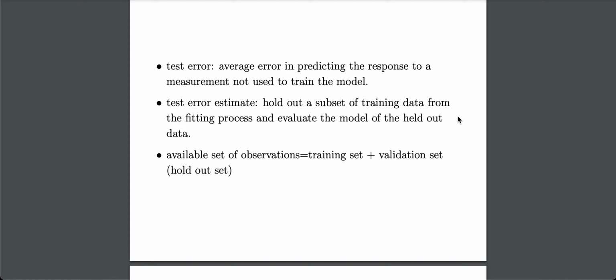Now, we do not have access to the test error because the average error can only be calculated if we had an infinite amount of unseen data, data that was not used to train the model. If we had any data, we would use it all to train the model, so there wouldn't be anything left. The test error, in principle, is unavailable to us, but we can estimate it.